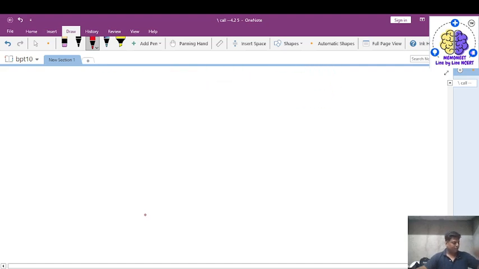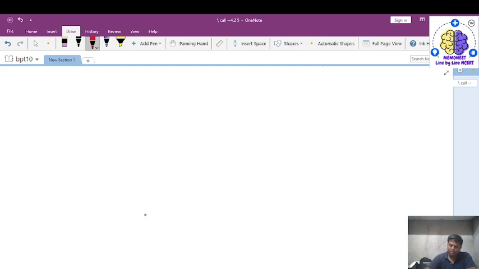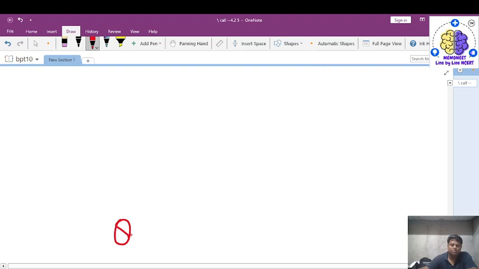Now let's see some terms. When heat is being radiated from a body, or some heat is being incident on the body, suppose Q heat is being supplied to a body.